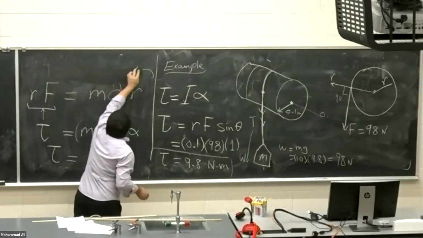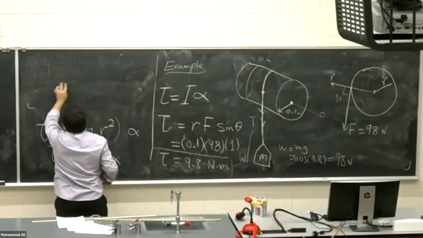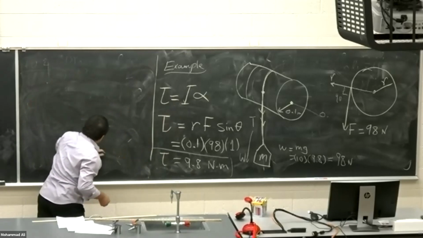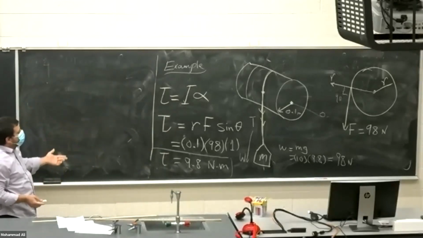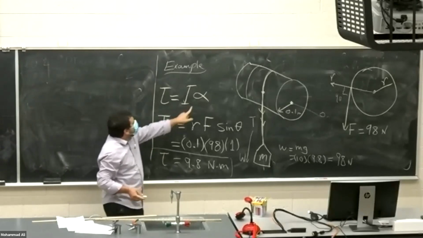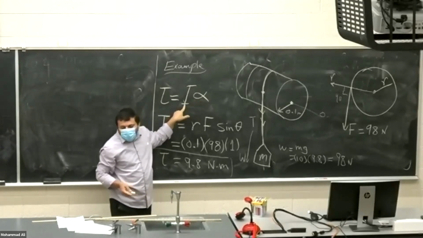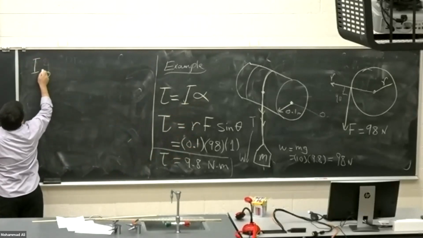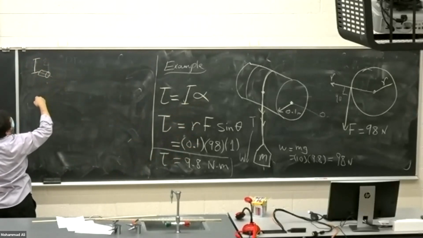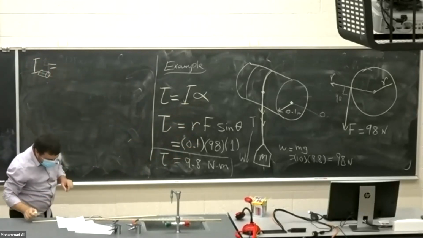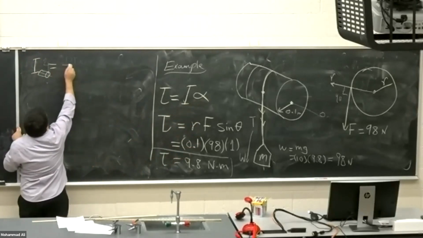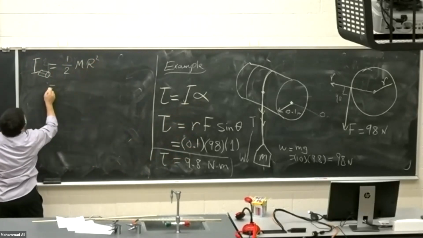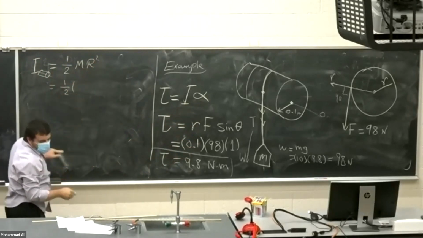I'll remove this because we have the relation written here. Okay, in my system, what can I compute? I can compute alpha, but I need to find I. I for a cylinder about its axis is equal to how much? I think it is half mr squared. The mass of the cylinder is given.